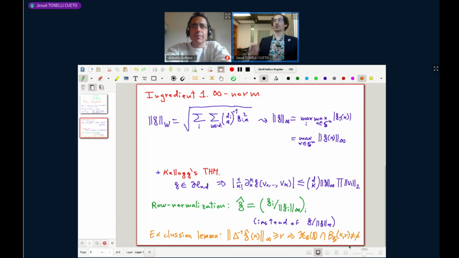So this is why it's called the exclusion lemma. Essentially it tells us in a very quantitative sense, if the value of my polynomial system at a given point is large, I cannot have roots around that point. The important thing here is the quantitative sense in which it says this. This is just a consequence of this Kellogg theorem.